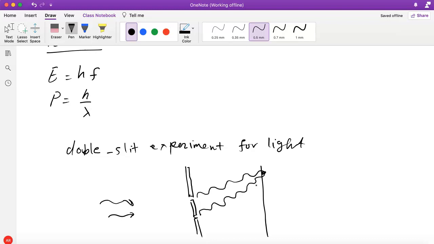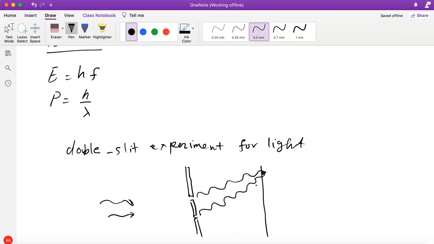Then the electric field for one will be the amplitude times the cosine of one phase, and the electric field for the other one is the amplitude times the cosine of another phase. Depending on whether these phases are the same or differ, for example, by 2 pi, you get constructive interference. And if they're out of phase, that they differ by pi or some odd integer multiple of pi, they have destructive interference, so you get a dark spot.